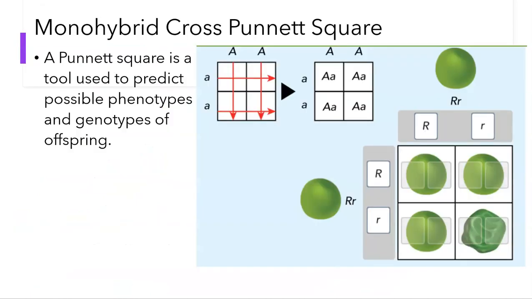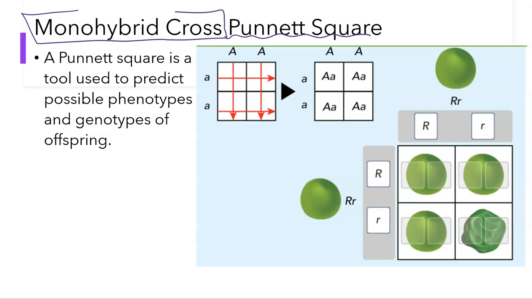And he saw these ratios almost every time, and we'll see these in our examples. So monohybrid cross. So I want you to copy down this example. Some of you may have done this before, and that's great. But this is a tool. These Punnett squares are tools to help us make predictions for possible offspring that parents could have, or the organisms that we're starting with, our P generation. We are going to first just look at one trait at a time.